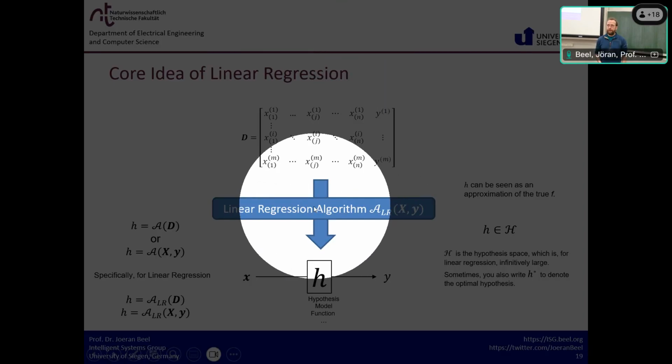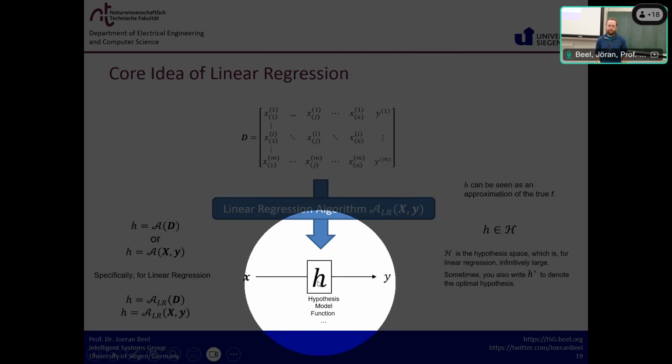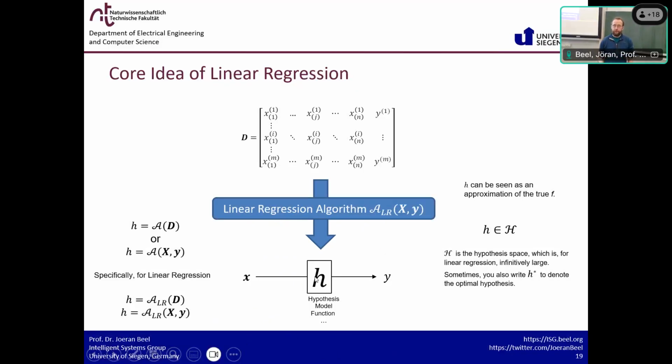And this linear regression algorithm should then output our hypothesis or the model or the function. And I'm really sorry for all these different words. I'm using all of them so that you get used to them, because if you look at some videos online or read a book, they will use one of these terms.